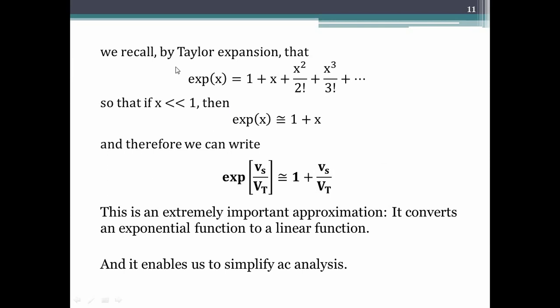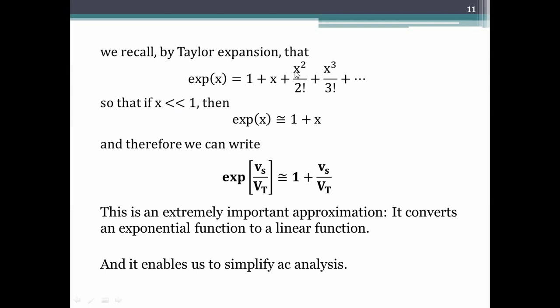I assume you know the Taylor series expansion of e raised to x is 1 plus x plus x squared by 2 factorial plus x cubed by 3 factorial and so on. Therefore, if x is much less than 1, then the square and the cube terms will be very small, and we can write e raised to x as approximately 1 plus x. I assume you've seen this before.